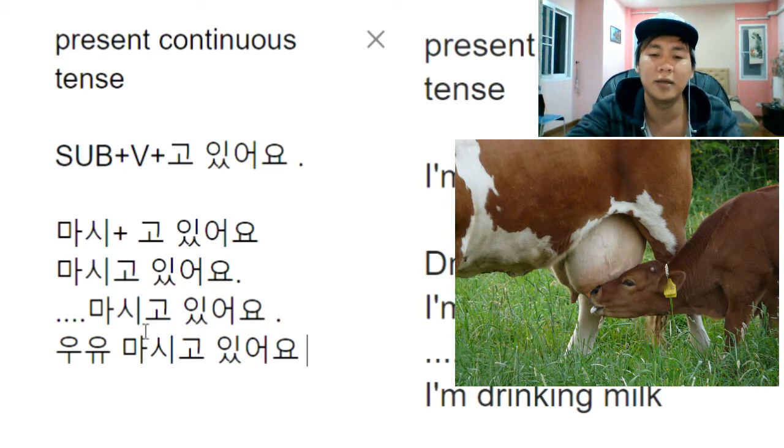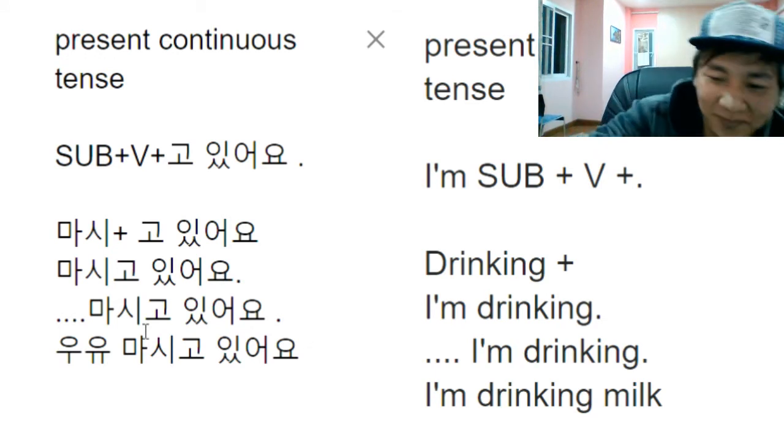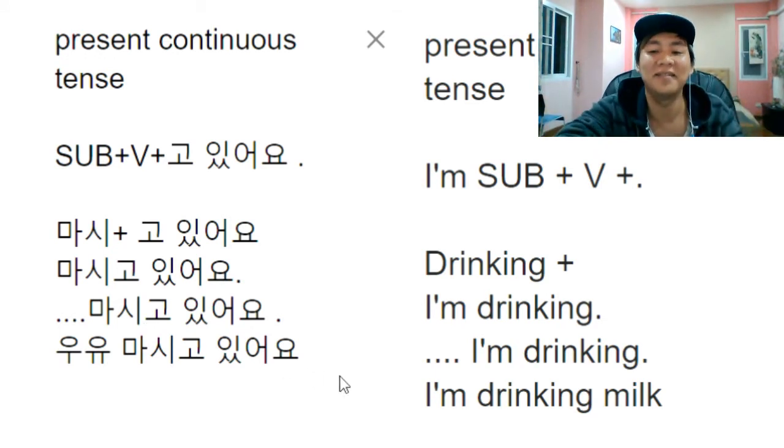Okay, drinking milk is good for health. So I need protein, so I drink milk. 우유 마시고 있어요. I am drinking some milk, something like that.